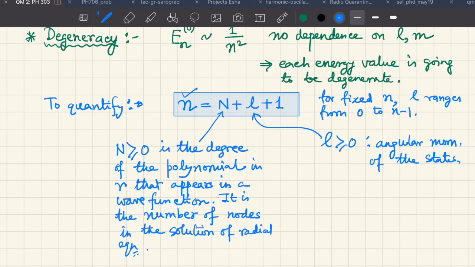And then for each fixed L, m ranges from minus L to plus L.